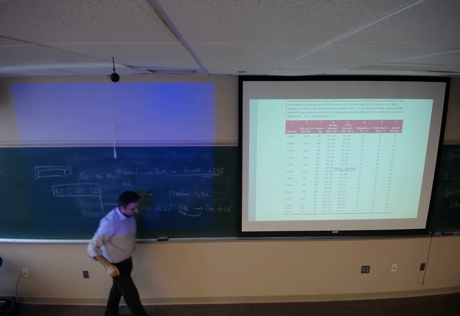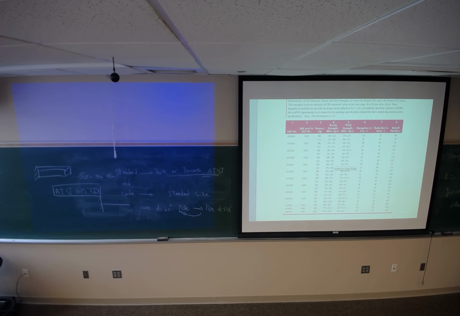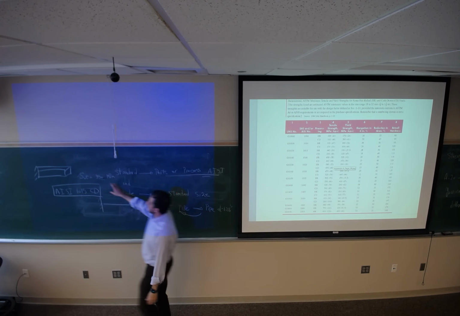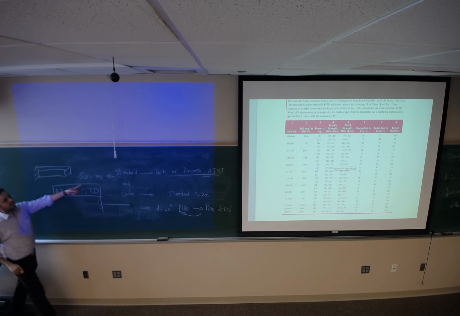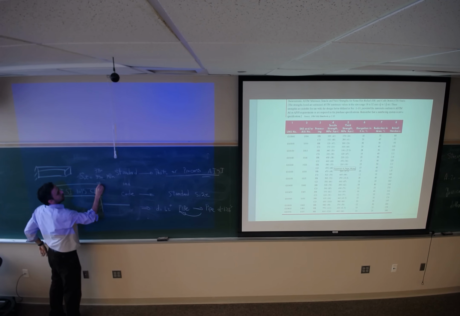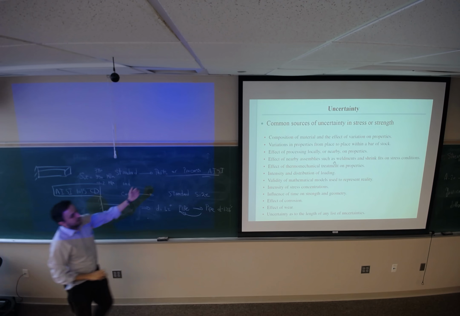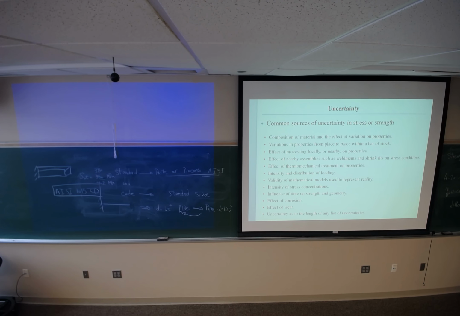But we are not living in the perfect world, so we might have some uncertainty in nature. So how do you know that the ultimate strength of this material is exactly 390? It might be 380, it might be 402 megapascal. There are different reasons that we might have this uncertainty in our design problems.